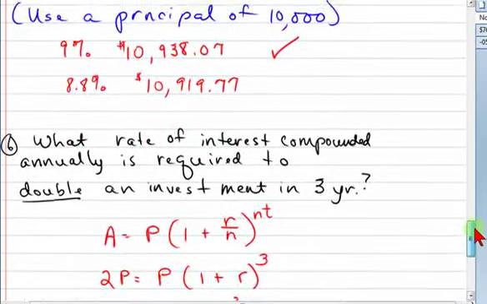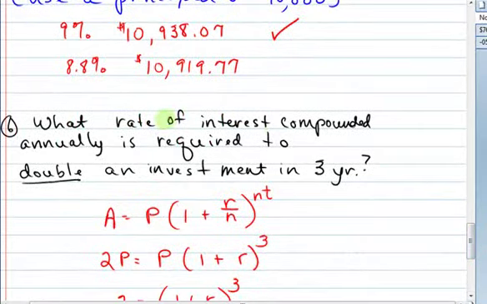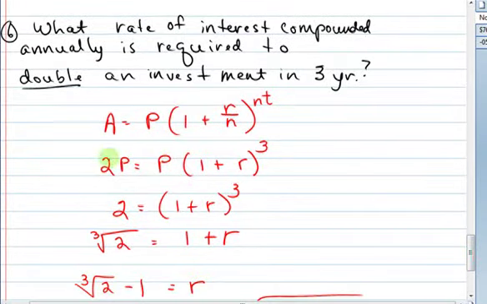All right, last example. What rate of interest compounded annually is required to double an investment in 3 years? We don't know how much money. We don't have any of those numbers, but we're saying if I want to start with something P and I want to double it at the end, what's the interest rate that I need? So we're solving for R. Well, what I did was say, okay, I'm just going to call this 2P because I want to double the principal.